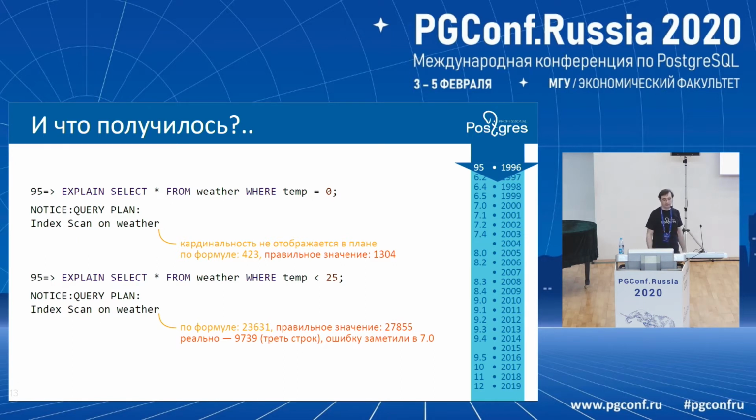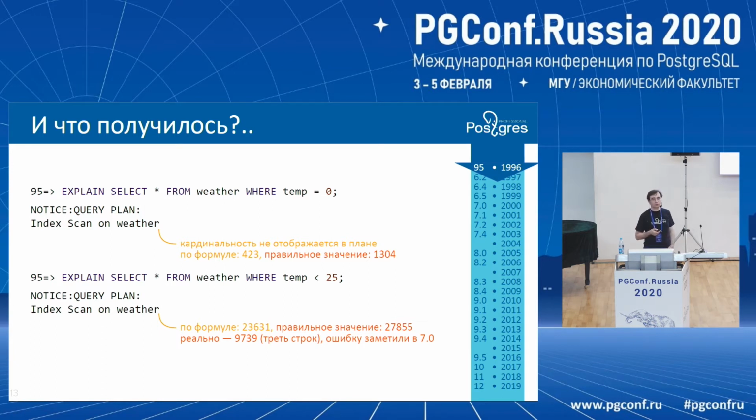And it was quite difficult to understand what was going on. The plan was shown as a notice and not as a table as now. Using the formula, we can calculate the value, and of course they will be wrong because we have uneven distribution. You saw the graph with two humps, two peaks, and of course the planner will make mistakes.